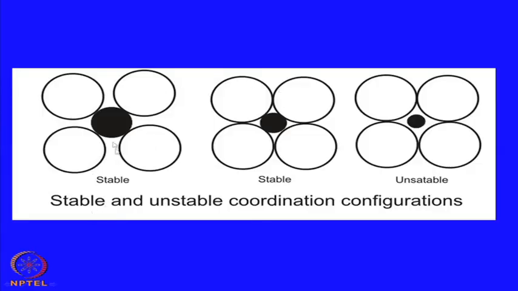In the other situation, the cation is bigger than the actual size here. If it goes and sits in the interstitial site, then it will push back these oxygen ions.